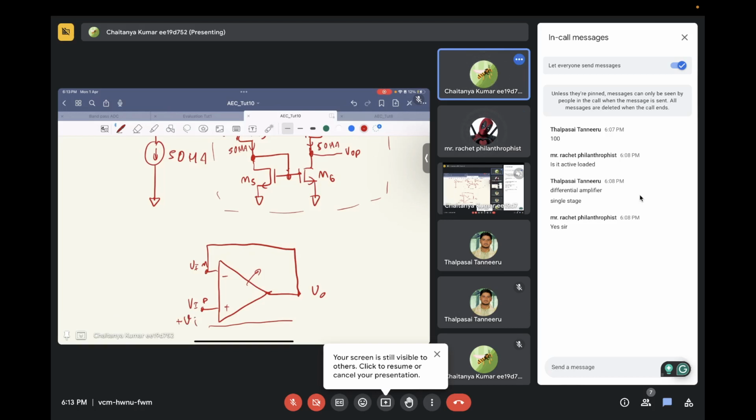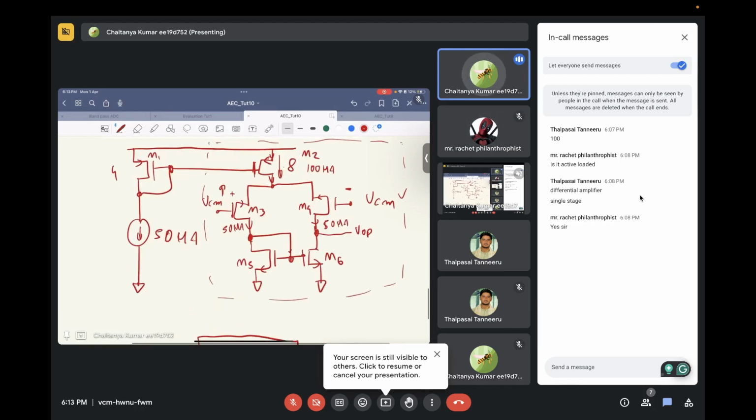So if you want to make the same thing using the real transistors, which two nodes will you have to connect? VOP and VCM. The VOP you will have to connect to the gate of which transistor?